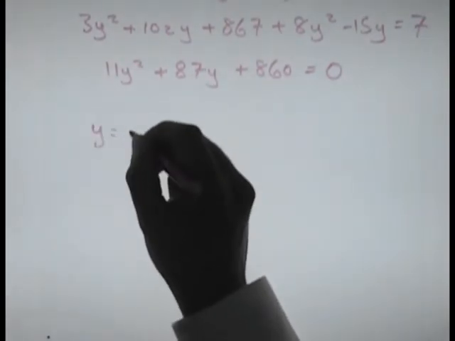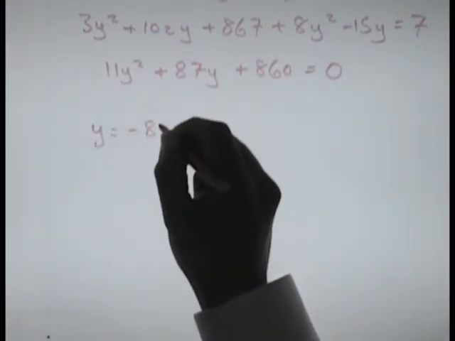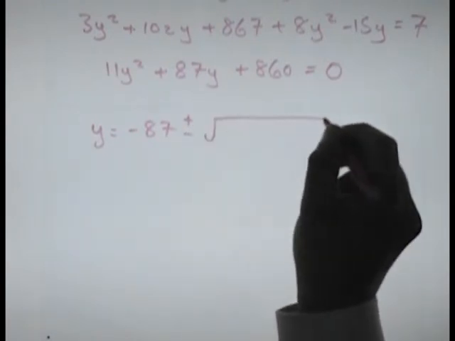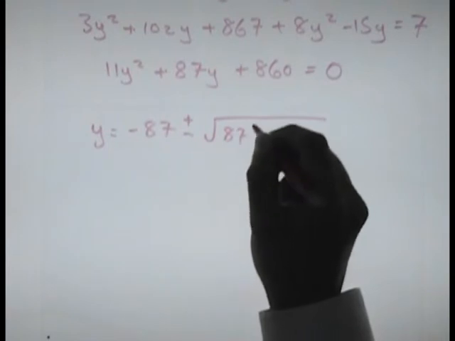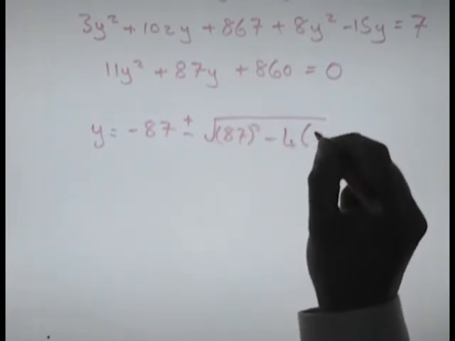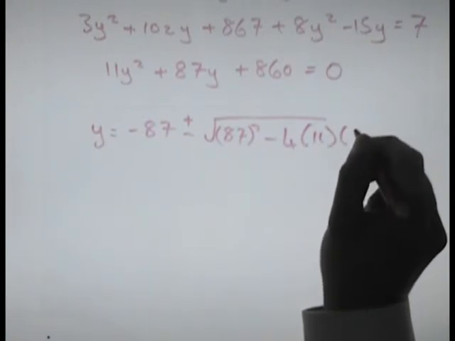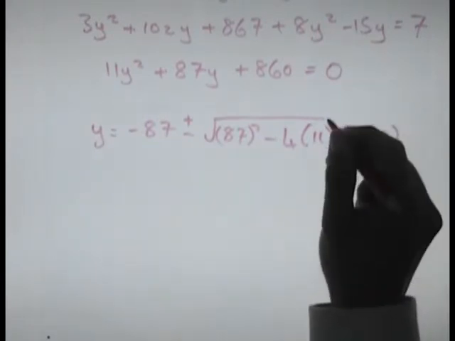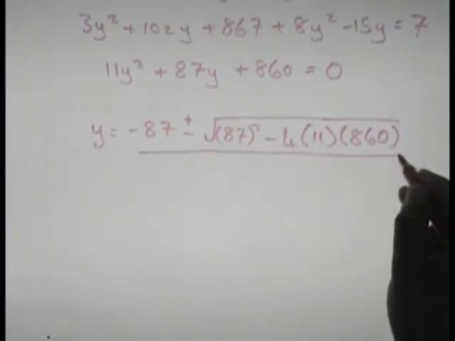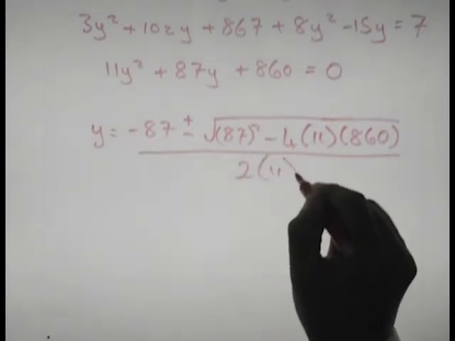Y is equal to minus b, which is minus 87, plus or minus the square root of b squared, which is 87 squared, minus 4ac, over 2a, which is 2 times 11.